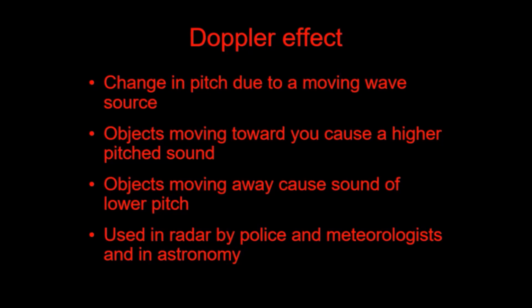That's really just sending out a radio signal, bouncing it off a cloud or a storm, and getting that radio signal back. And from that, you can determine the speed of, say, a storm or a cloud moving across the country. This is used in astronomy a lot in terms of looking at the wavelength of light from stars and galaxies and calculating the speed of those objects.